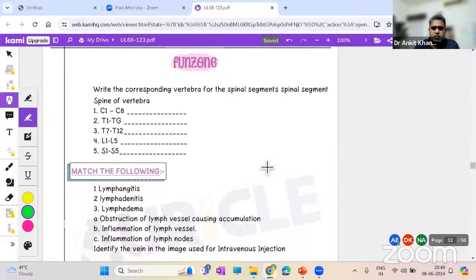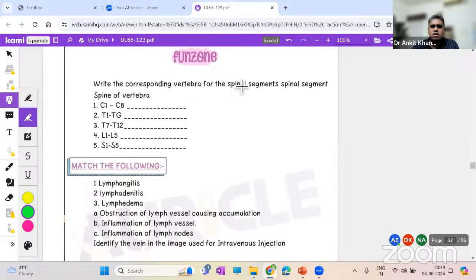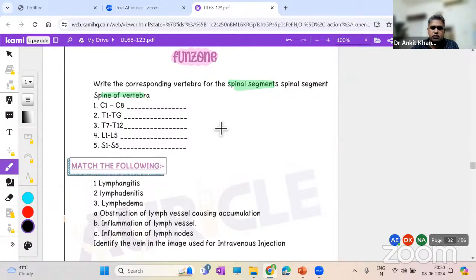Okay, so you can write some questions over here about which corresponding vertebra for a spinal segment. Do remember that at the lower L1, the spinal cord actually ends. Imagine this is your whole vertebral column from C1 over here to the sacrum over here, drawn with black color.